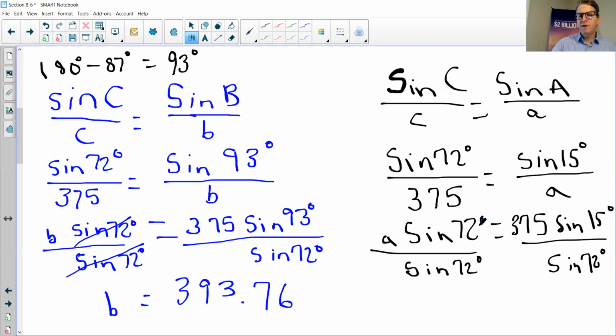On the left, the sines of 72 cancel each other out, and we have side a is equal to 375 times the sine of 15 degrees, all of that divided by the sine of 72. So side a would be 102.1.